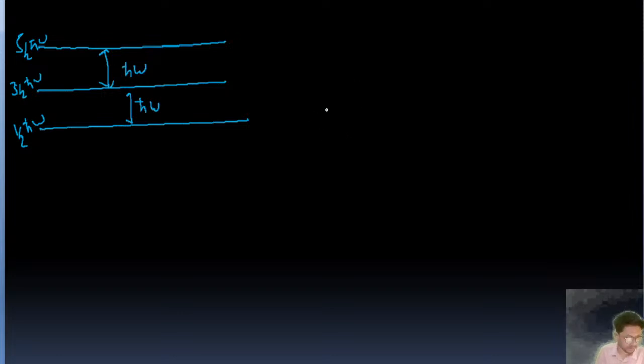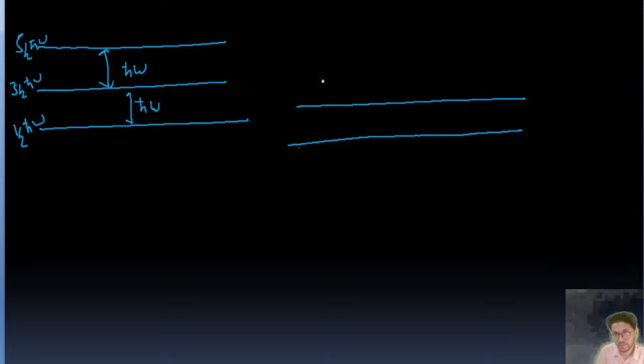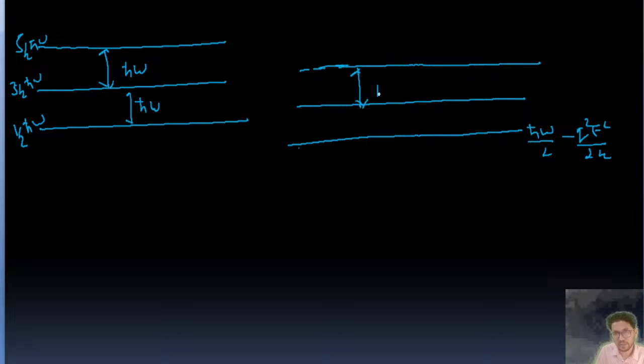Similarly, after perturbation, after applying the electric field, this will be the case. The energy decreases, and this is h cut omega by 2 minus q squared E squared upon 2k, and so on. So we can see the energy separation between levels is the same, but the energy decreases.